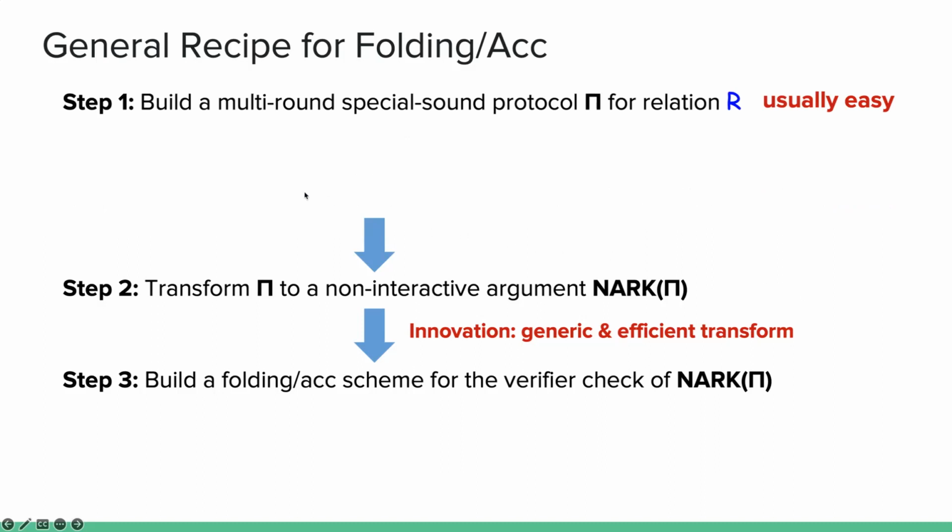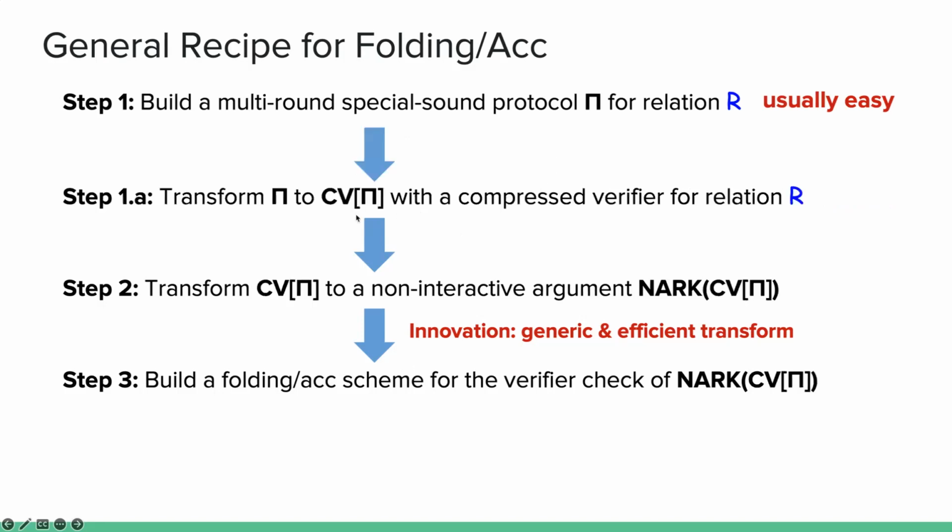After having some interactive protocol for relation R, we'll add one more step and transform it into another interactive protocol that's special sound. However, the set of verifier equations to be checked can be much more compressed and simpler. And after that, we use the same transformation here and obtain a folding scheme for this transformed interactive protocol.